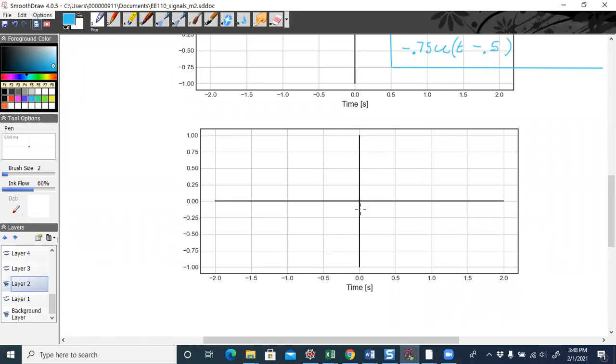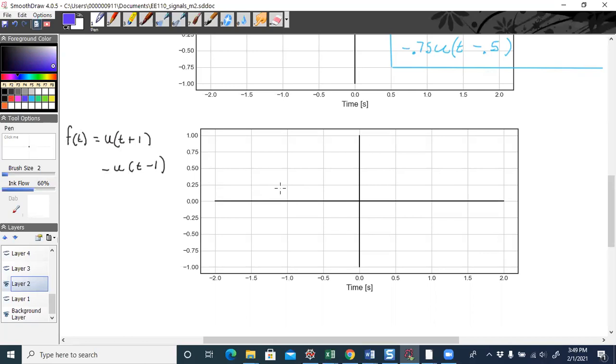So now, what I'd like to do is plot a composite function. So let's do UT plus 1.